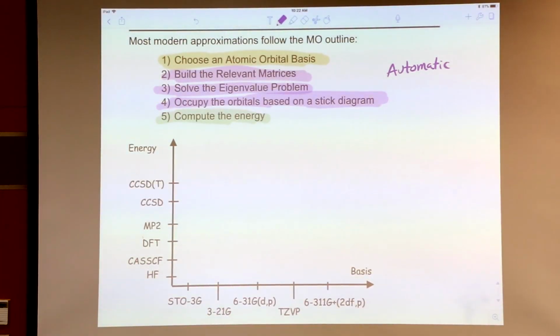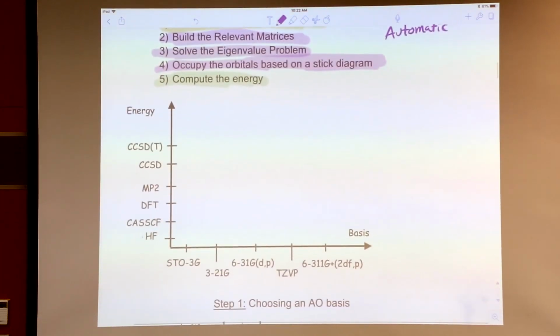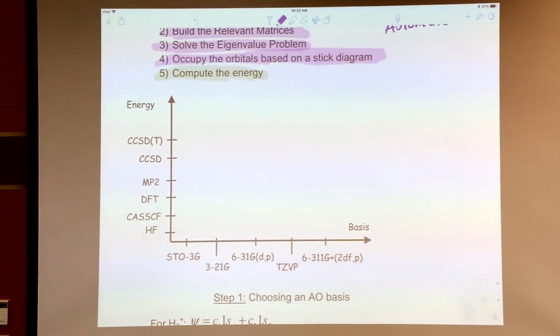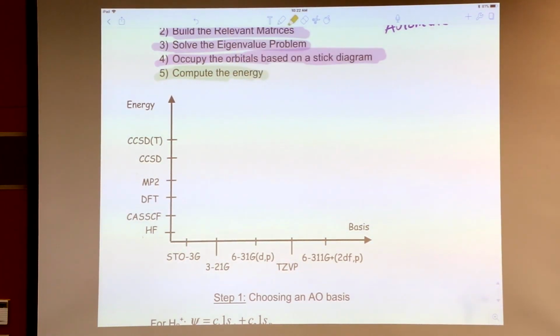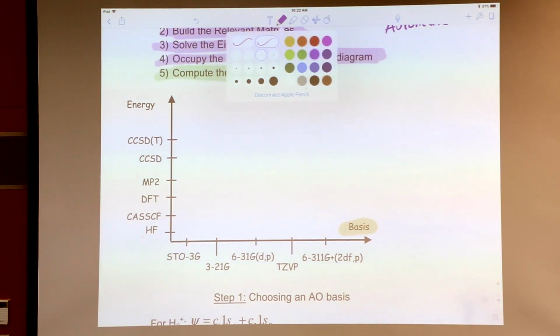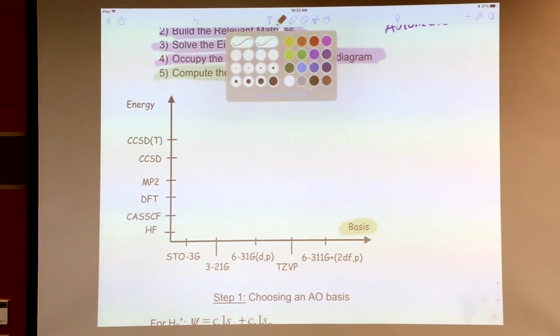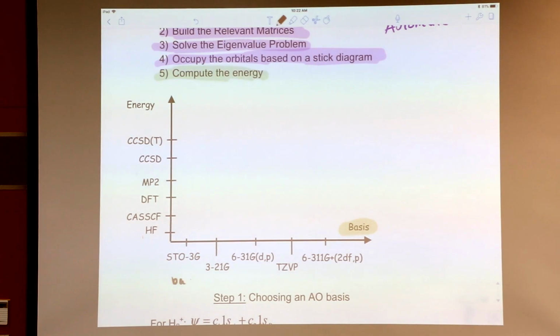We can organize these approximations on a sort of two-dimensional plot, which summarizes the whole idea of what we're going to be getting at. On one axis we have the step 1 thing, which is the atomic orbital basis. We can organize those choices of basis from, roughly speaking, bad choices on the left hand to good choices on the right hand.